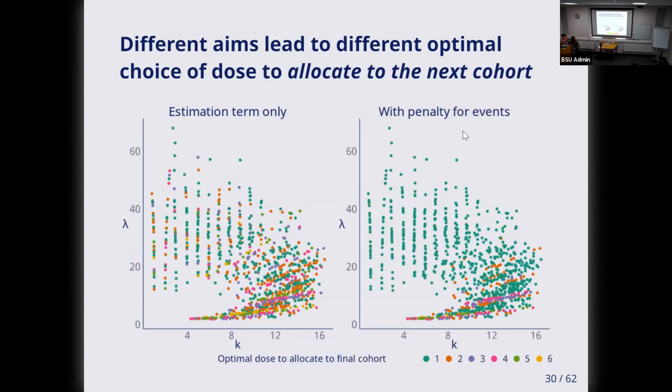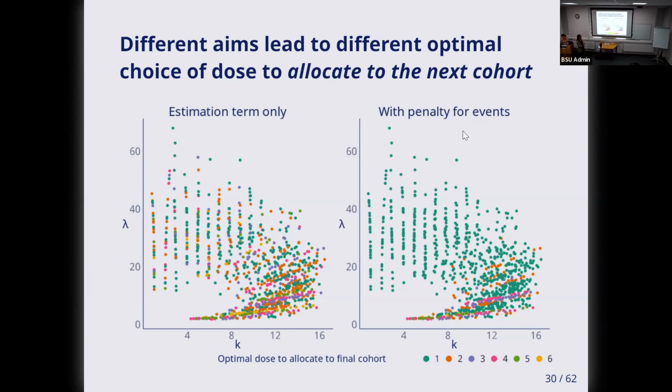We can see this again if we step back to the penultimate stage of the trial. So now again, each point is representing a data set, and now it's from the penultimate stage of the trial. So I think in this case, it's after 8 cohorts out of a trial with 9 cohorts of 3. And on the left-hand side, the color is now the optimal choice of dose to allocate to the final cohort.